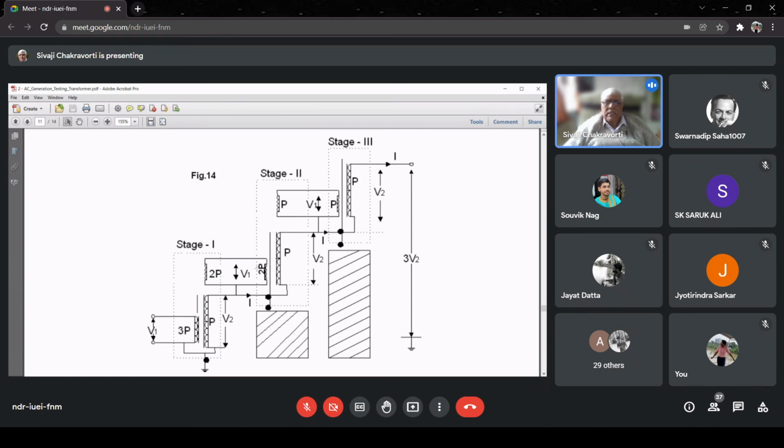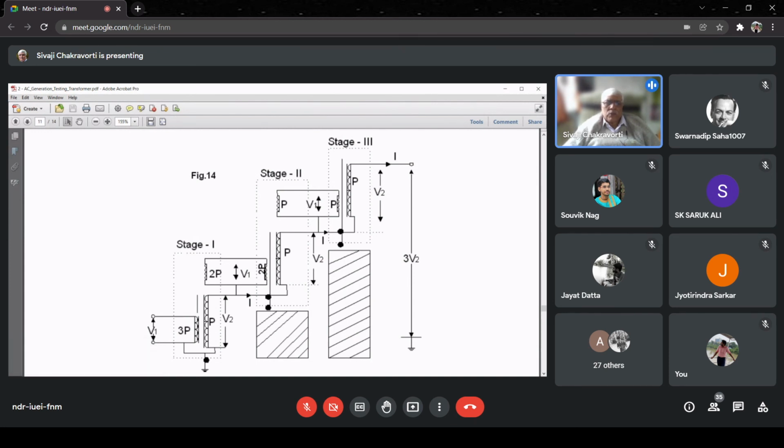So the primary of stage 2 should have a rating of 2P. Then the tertiary of stage 1 will have 2P. But the secondary of stage 1 is V2 into I, so the volt-ampere will be P. So total tertiary plus secondary of stage 1 is 3P. So the primary of stage 1 is 3P.